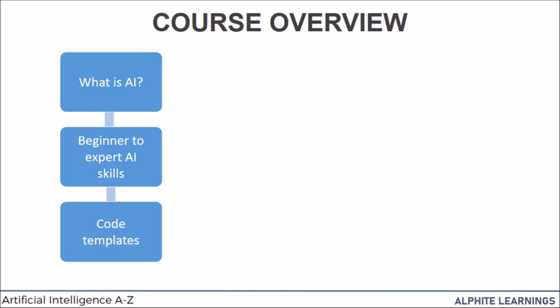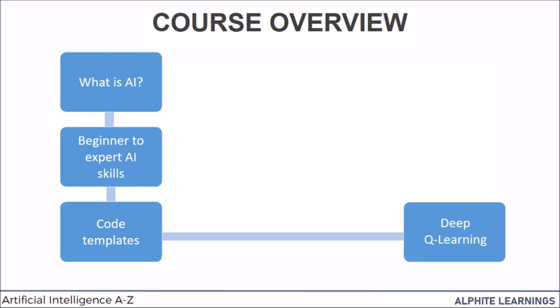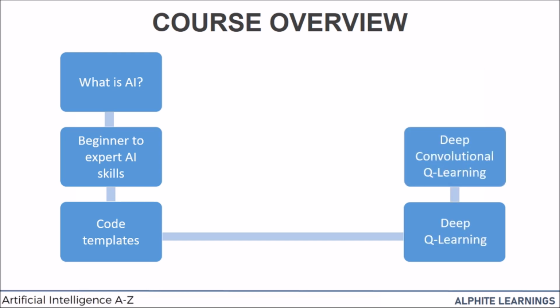Then we'll introduce code templates, where you can move your idea or conceptual things to an AI oriented skill. Next we'll go on with deep Q learning, further move on to deep convolutional Q learning, and at the end we'll start with A3C.